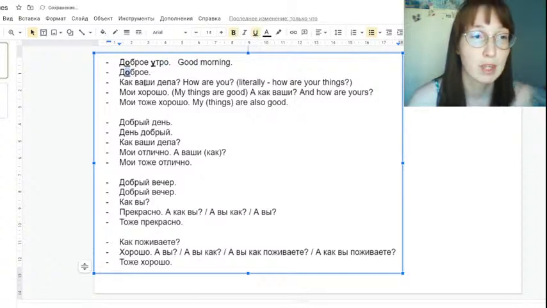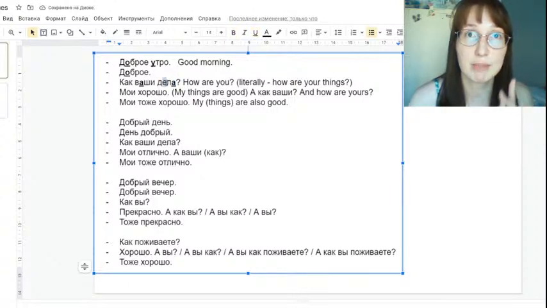Доброе. Как ваши дела? Unstressed E represents И. Дела. Как ваши дела? Мои. Unstressed O represents an А sound.